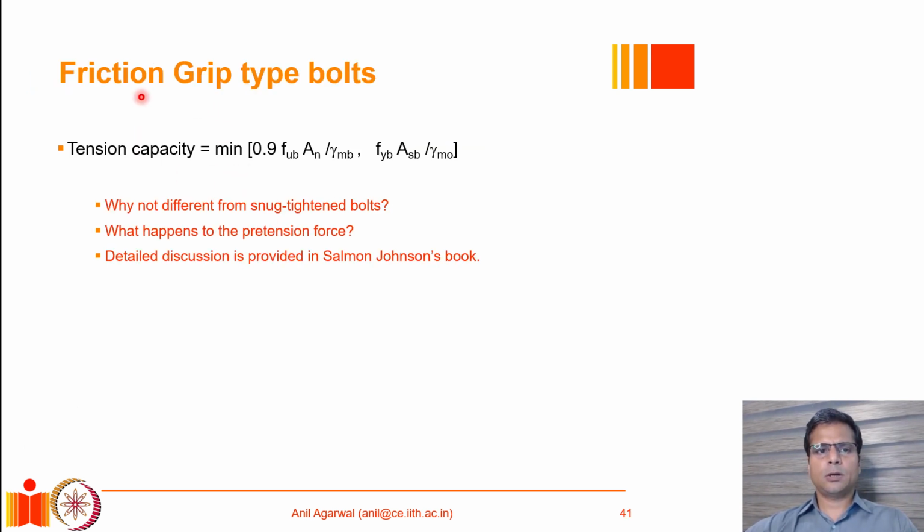So the tension capacity of a friction grip type bolt which is in pre-tension remains the same. It is given by the same expression. And this is a rather counterintuitive proposition. As we might understand, when the bolt is subjected to an external tension force demand, even before that, a pre-tension bolt is already at a very high level of tensile stress, which is usually approximately 70% of its total strength.